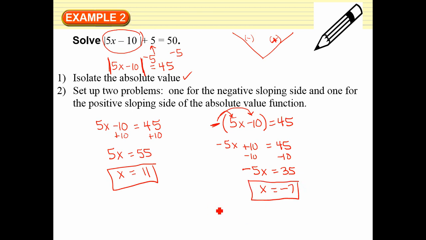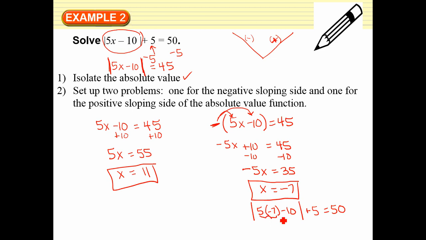Now, a lot of times people will say, well, wait a minute, I thought absolute value couldn't be negative. Well, this is not absolute value. This is what x equals. So if we were going to plug it into the original equation, I would end up having absolute value of 5 times the x, which was negative 7, minus 10, close the absolute value, plus the 5 equals 50. That was the original equation, which is this negative 7 plugged in.